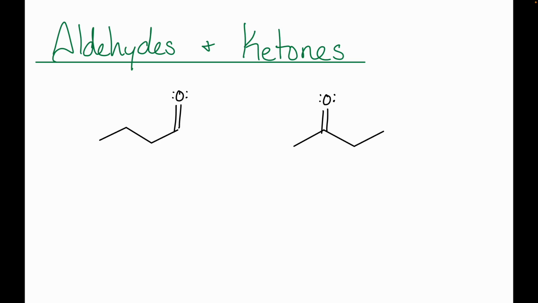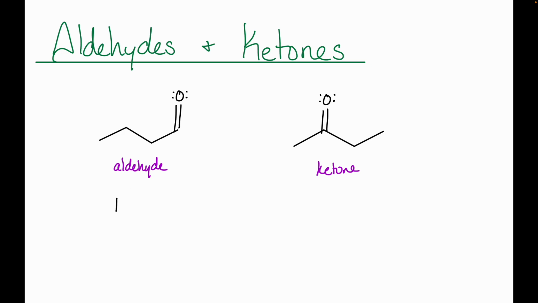What's on the left? The aldehyde. Okay, so aldehydes always have those carbonyl groups on the end. So they always have this same basic formula, R connected to that carbonyl group.